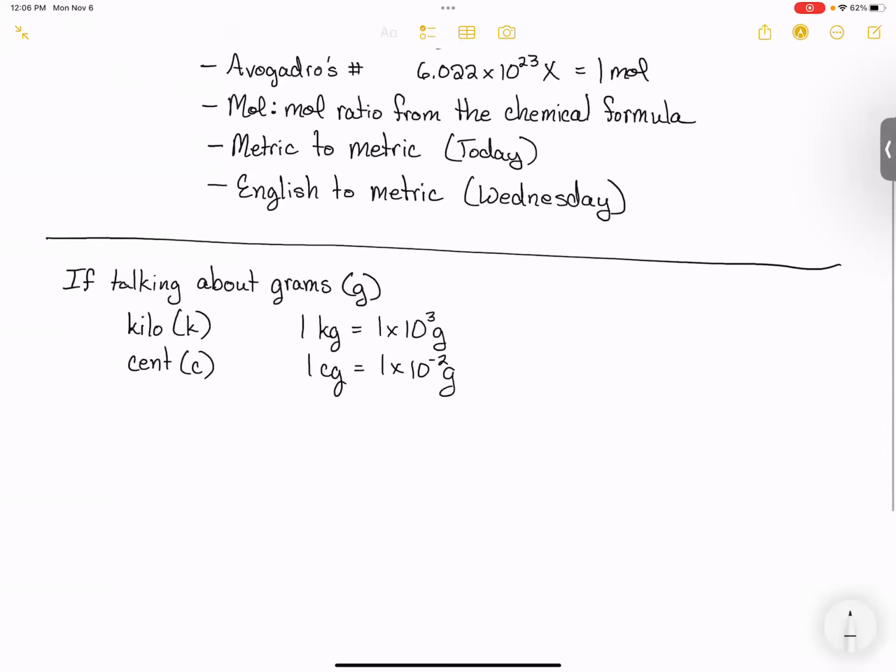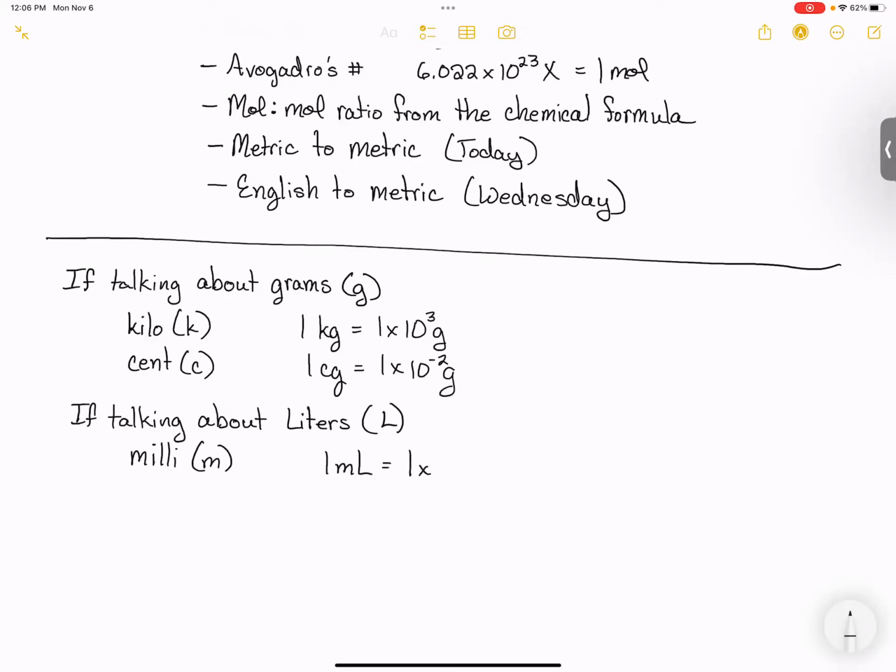So if talking about liters, for example, and we're working with milli, M, then 1 milliliter is equal to 1 times 10 to the minus 3 liters.